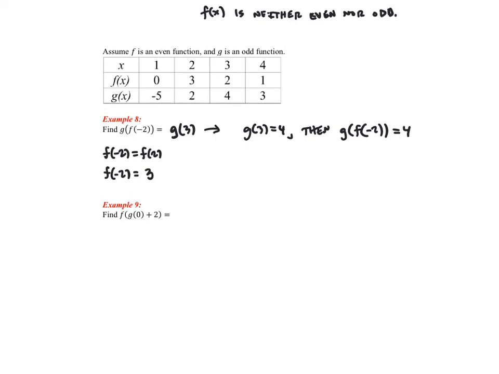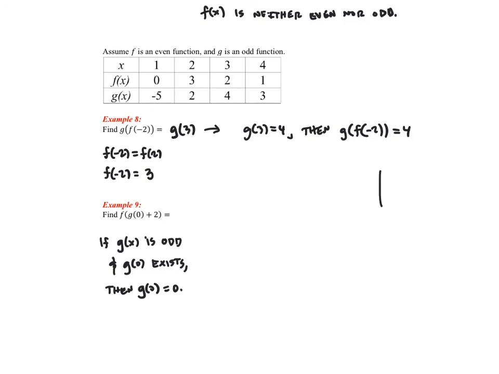Okay, one concept that I did not talk about when looking at these origin symmetry or odd functions, the ones that have symmetry about the origin, is that if g of x is odd and g of 0 exists, then g of 0 has to equal 0, right?